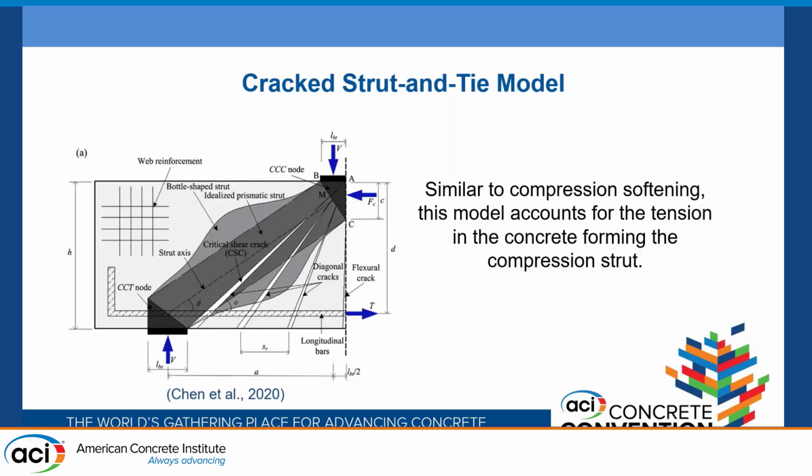In this paper, they did not use the softening model that is shown in the Canadian code and in the indeterminate Strut-and-Tie model, but in a similar fashion accounted for the cracked nature of the strut.